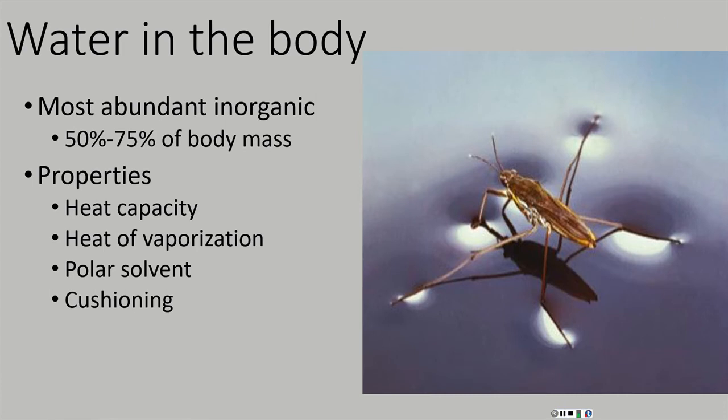So as we begin to talk about inorganic biochemistry, the first topic has to be water. Water is the most important substance in our body. Not only is it the most important, it's the most abundant inorganic material in our body. It makes up 50 to 75% of our body volume.